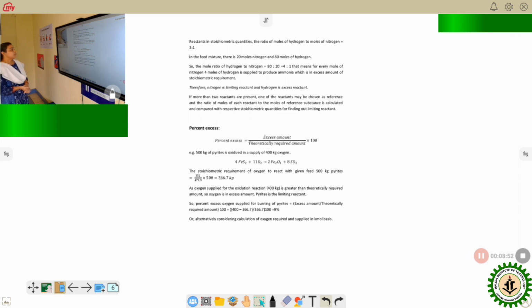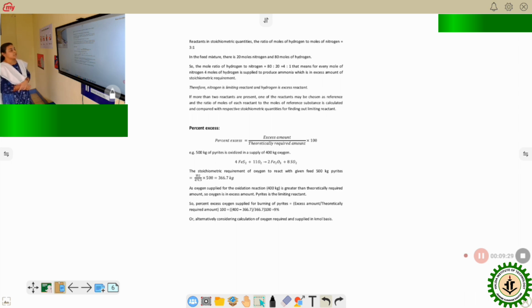That is 352, the amount of oxygen required stoichiometrically, divided by the amount of pyrites that reacts with the oxygen, that is 479.9. It was described earlier how this amount comes. So 352 divided by 479.9 times 500 comes to 366.7 kg.